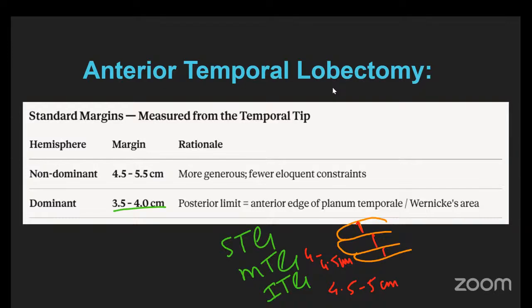If you're an exam candidate and you are going to appear in an exam, never mention these separate boundaries unless someone asks you specifically. Otherwise, the standard, the most sought after boundaries are 3.5 to 4 centimeters on the dominant side and 4.5 to 5.5 centimeters on the non-dominant side.